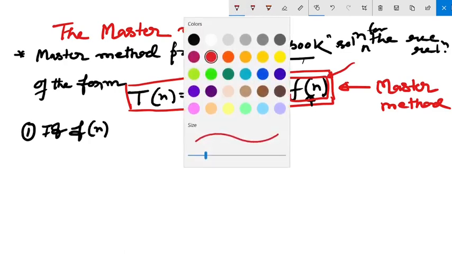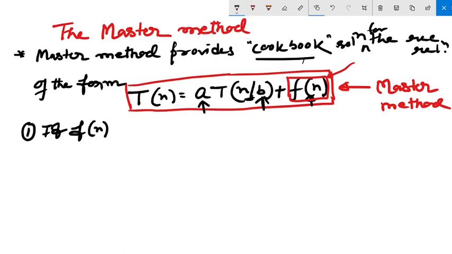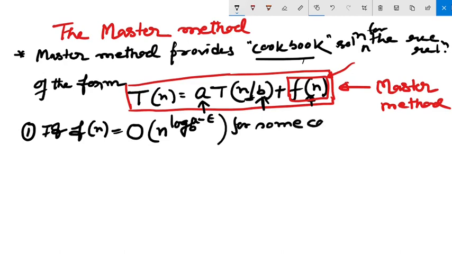So if f(n) equals big O of n to the power log b to the base a minus epsilon, for some constant epsilon which is greater than 0.